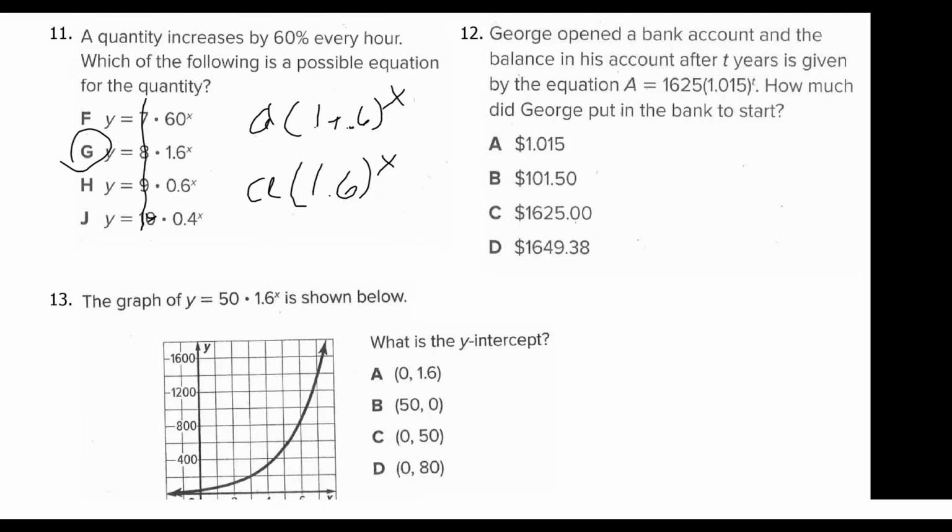But the thing is, it says a quantity. It doesn't say exactly which one. So we just assign that quantity to be A, and we can go ahead and go from there.